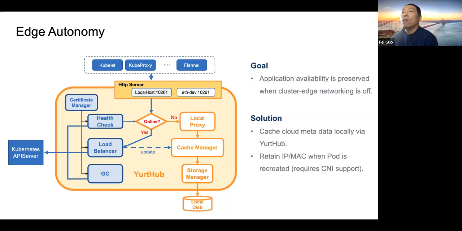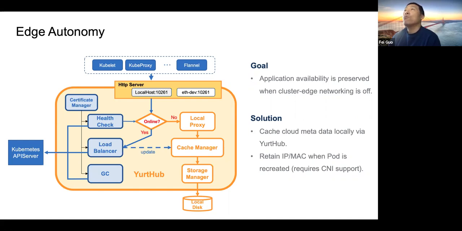If this API server is online, then the request will be directly sent to the API server through a load balancer, and the request results will be cached locally in the cache manager. If at any time the YurtHub finds that the API server is currently offline, it will serve the same API request by looking at the cache manager to satisfy the request.